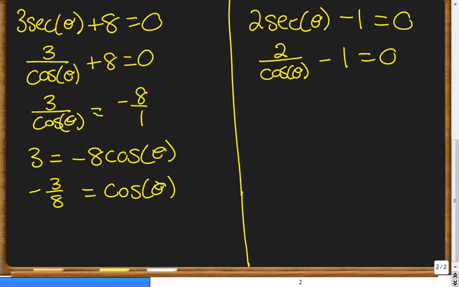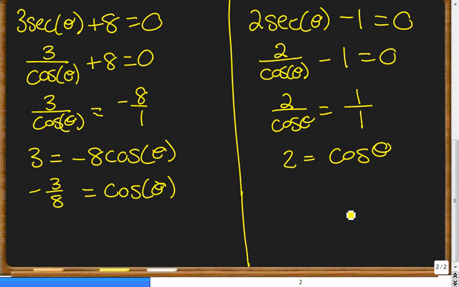Now the other side, again, we'll have 2 over the cosine of theta equals 1 over 1. We get 2 equaling the cosine of theta. Again, this can't happen. So we're only going to have answers from the other part.